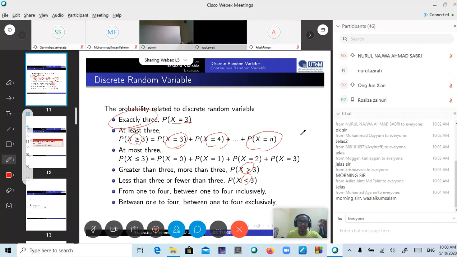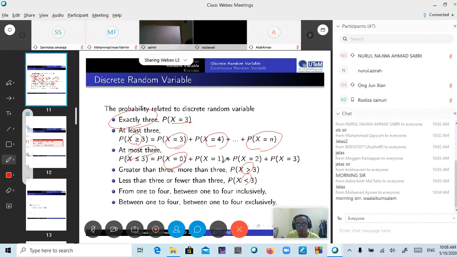How many n? It depends on the question. At most means what? At most means the maximum of 3. So, the probability of x less than or equal to 3. And remember, it must start with 0. Do not leave out zero. Do not take only 1, 2, 3. It must start with zero.